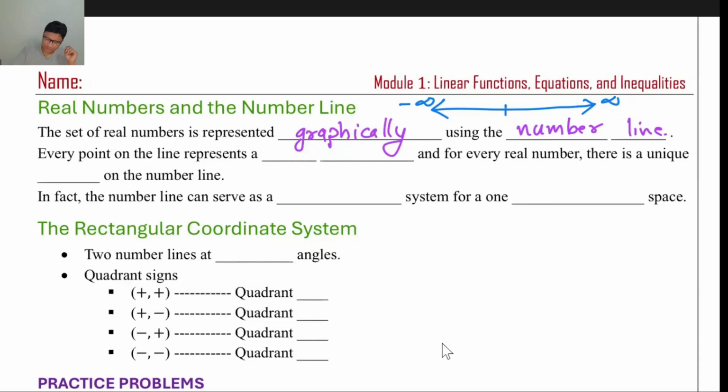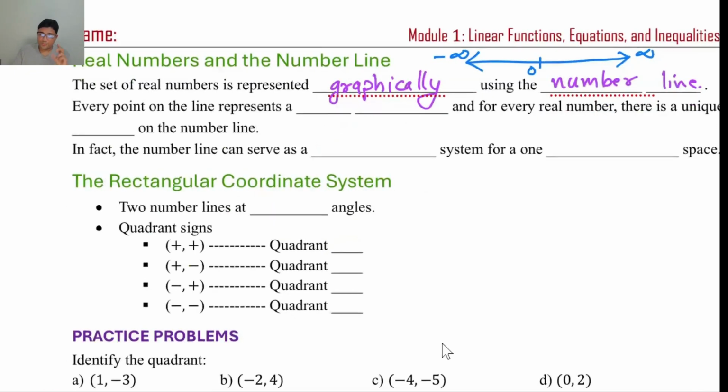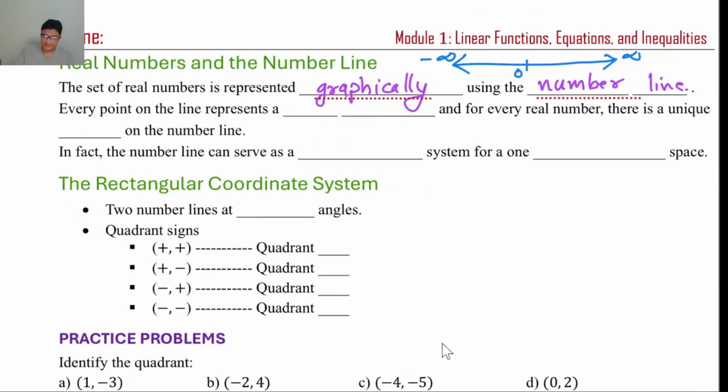We often represent one more number here, let's say 0. Every point on the line represents a real number. Think about that. If I mark any random point here on the line, it is some real number.